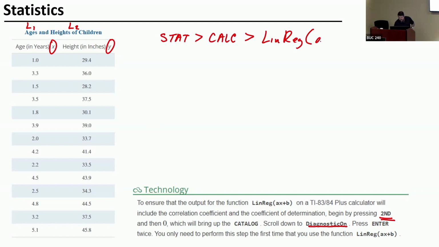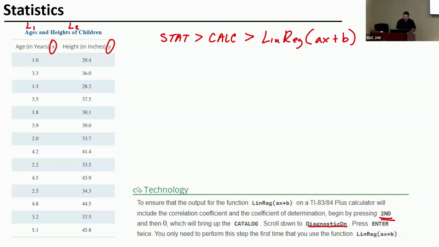Look for the one that has AX plus B. Once you hit that, just hit enter all the way through. There's nothing you need to put in there because you've already put stuff into your list 1 and your list 2. So it's all the way through.